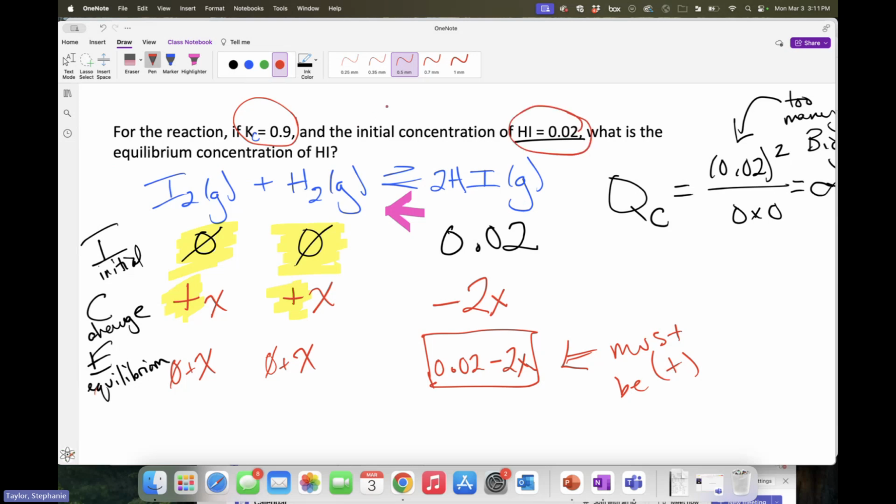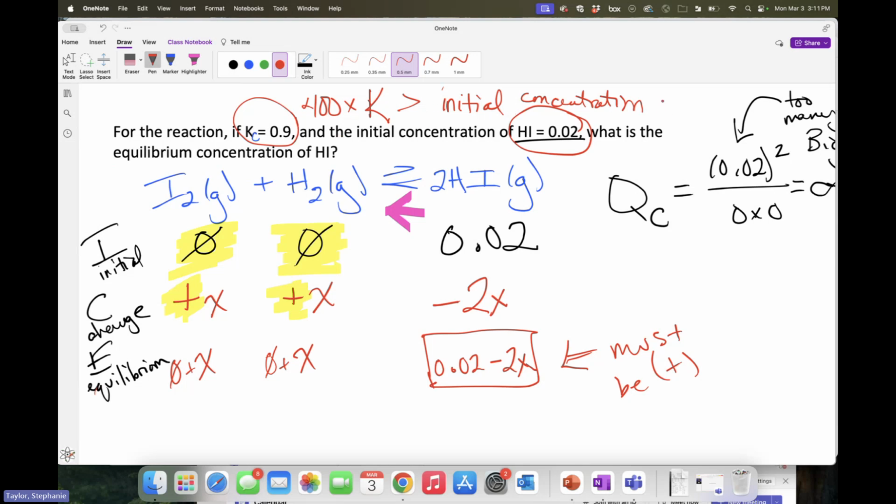One thing I can see without doing any other math is that K is larger than my initial concentration. One of the things I was talking with my class about is that I could take 400 times my K value and compare it to my initial concentration.